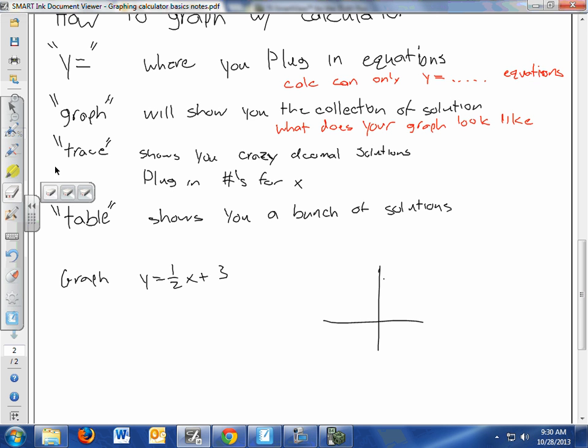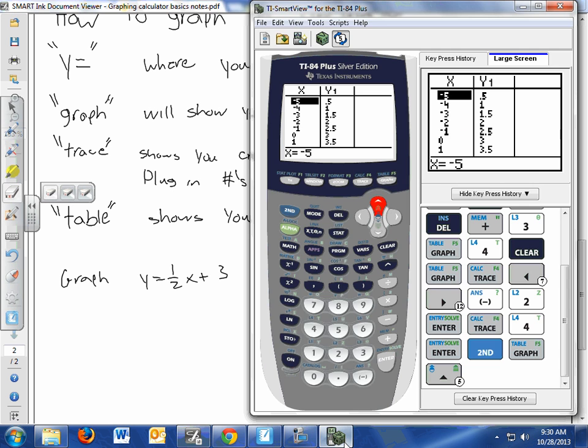We have the capability of getting specific solutions using these different methods, whether it's our table or using our trace and entering in x values. Okay?